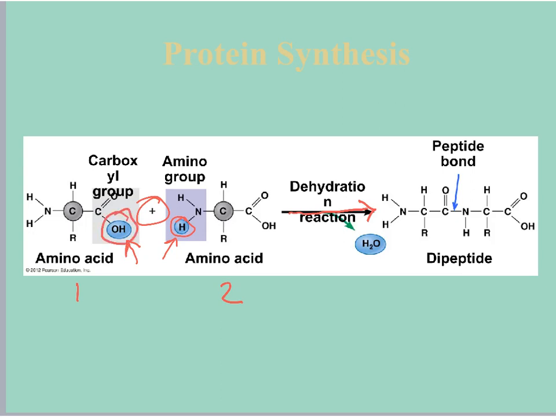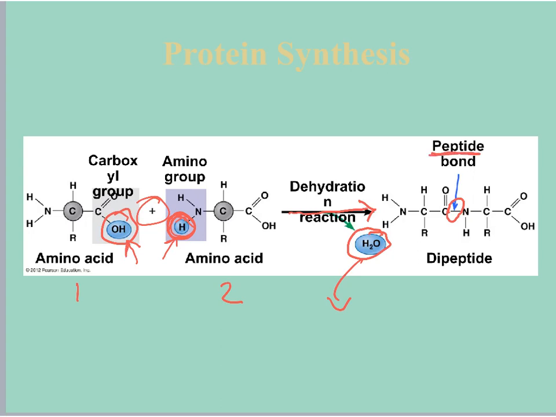So this hydroxyl group is lost and this hydrogen is lost to create a water molecule being lost. And therefore what happens is you have a bond now between those two amino acids right here. And we call this a peptide bond.